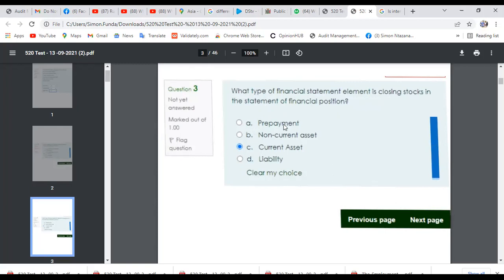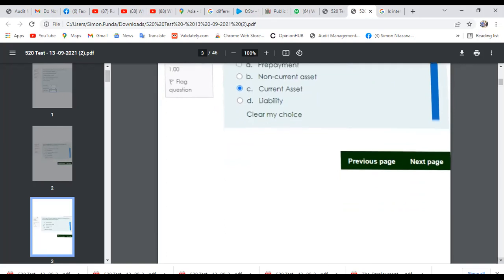So stock is a current asset. I think I remember you mentioning that. So stock, cash, debtors, or prepayments, all those are current assets. Is that fine? Is that okay? Yes, that's fine.